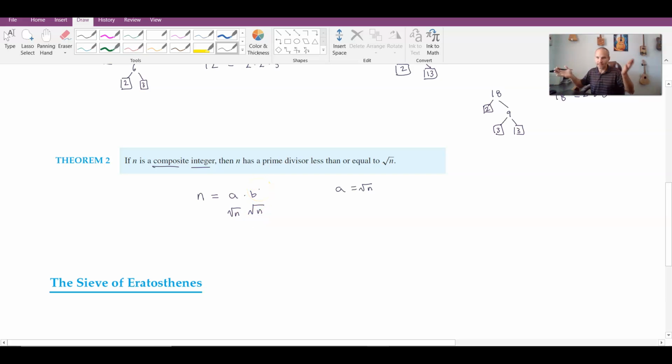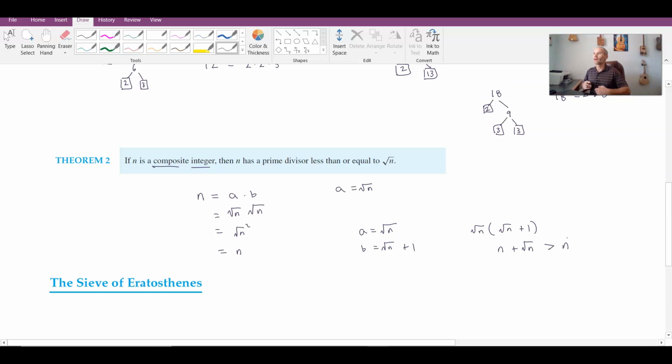Now this is allowing the possibility that square root of n may not be an integer value, but if one of the factors is the square root of n, and we know that the square root of n times the square root of n is the square root of n squared, and the square root of n squared is n, then if that factor were to exceed the square root of n, like let's say the square root of n plus 1, if we had a is equal to the square root of n and b is equal to the square root of n plus 1, then our product would be the square root of n times the square root of n plus 1, which would give me here the square root of n times the square root of n is n, and the square root of n plus 1 is the square root of n. And we can already see that this is bigger than n. So a little bit of intuition there.